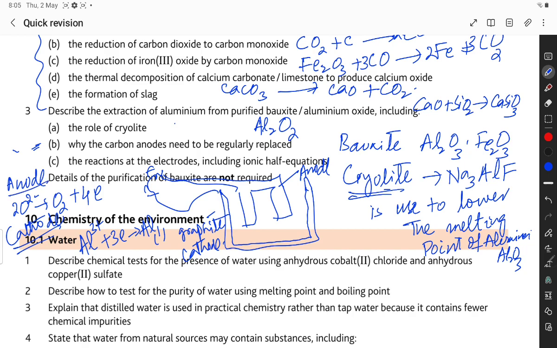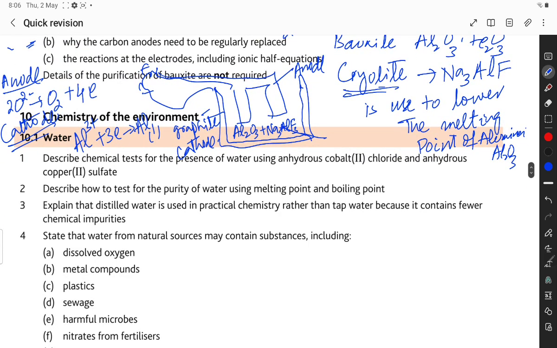The electrolyte is aluminium oxide and cryolite, Na3AlF6. Cryolite is used to lower the melting point, or used as a solvent. Okay, so these two points are very important.